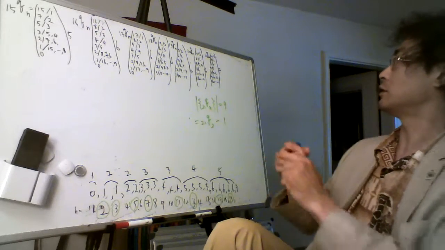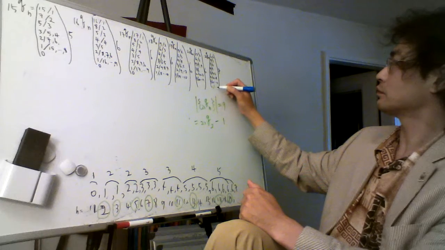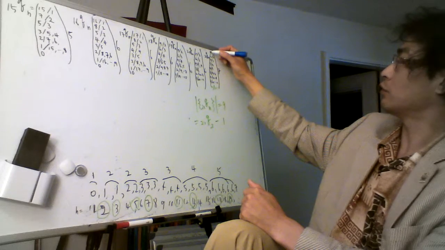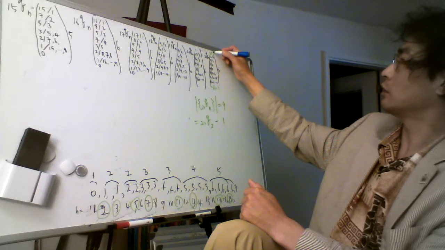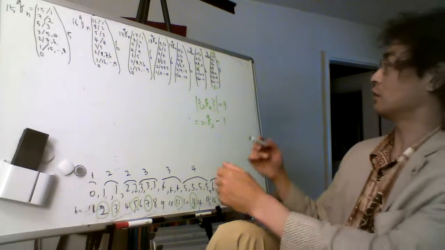Let's add these two. For zero, you have 22, and then you have 21 divided when it's one, so it's like 9 here.